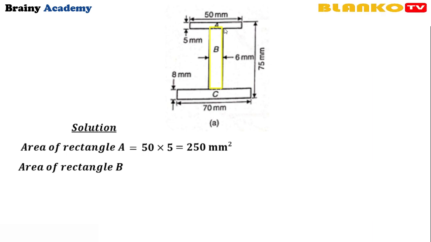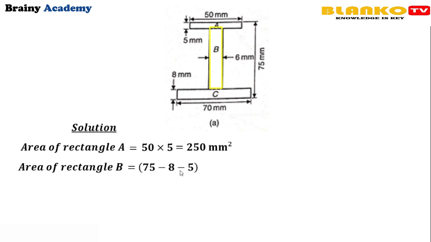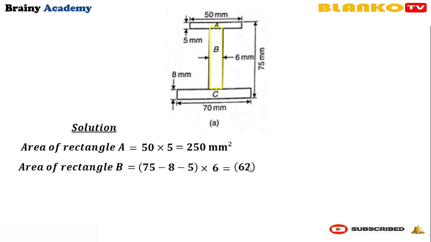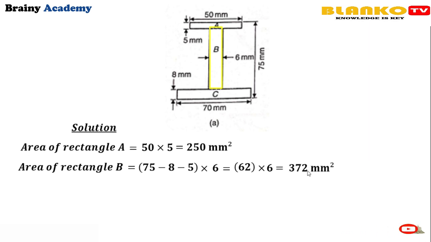You understand? So we have 75 minus 8 minus 5, times 6, and 75 minus 8 minus 5 is 62. 62 times 6 is 372 millimeters square. So the area of rectangle B is 372 millimeters square. I hope you are following it.